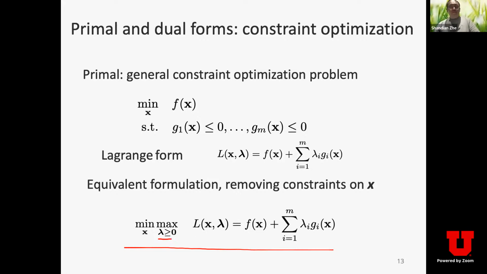The claim is that the optimal solution of this minimax optimization problem over the Lagrange function will also be the optimal solution for the general constrained optimization problem. This is a well-known result in optimization theory.